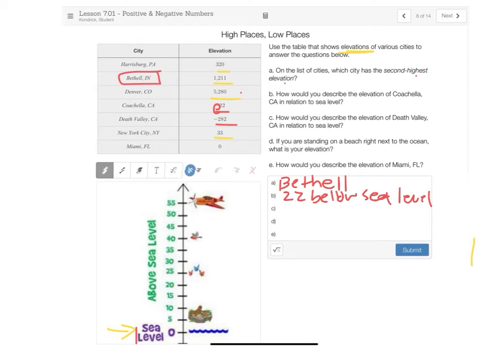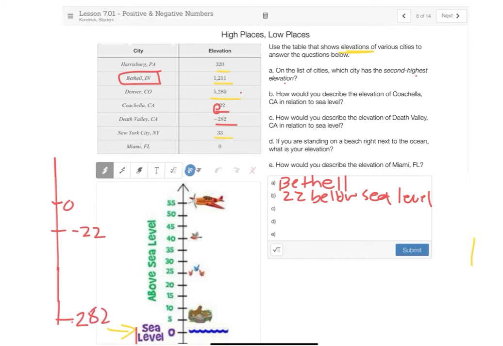How would you describe the elevation of Death Valley in relation to sea level? Well, Death Valley is even further away from 0. Again, if I have 0 right here, and Coachella was at -22, Death Valley would be even further away from 0, all the way at -282.